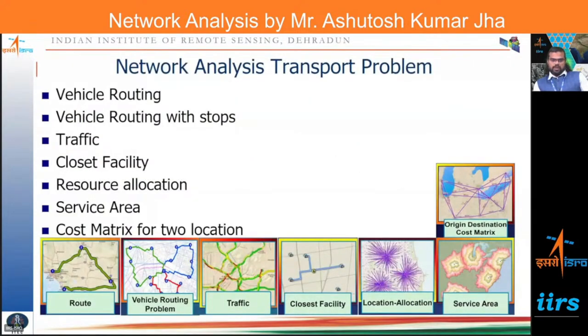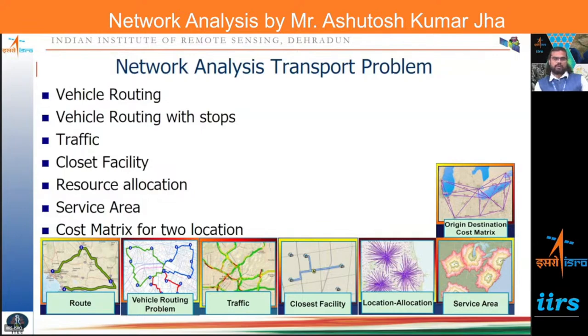Whenever we deal with networks in transportation systems, we require multiple services from the network analysis component of GIS. The best example is the vehicle route, which we are used to in our daily life. Apart from that, there are a few modifications of those. For example, you may be interested in going from one place to another, but in between you would like to have stops.